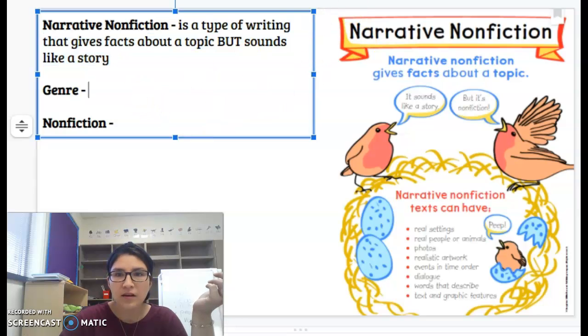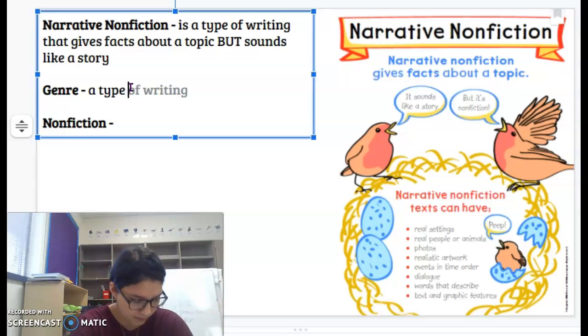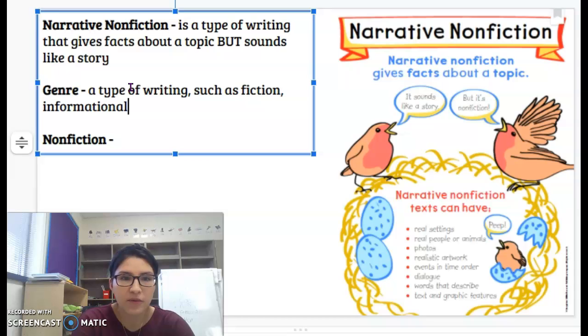All right. Now, genre. Before we continue to move on, I want you to understand narrative nonfiction is a genre. It's a type of genre, okay? But what does genre mean? Genre means a type of writing such as fiction, informational text, or opinion writing.